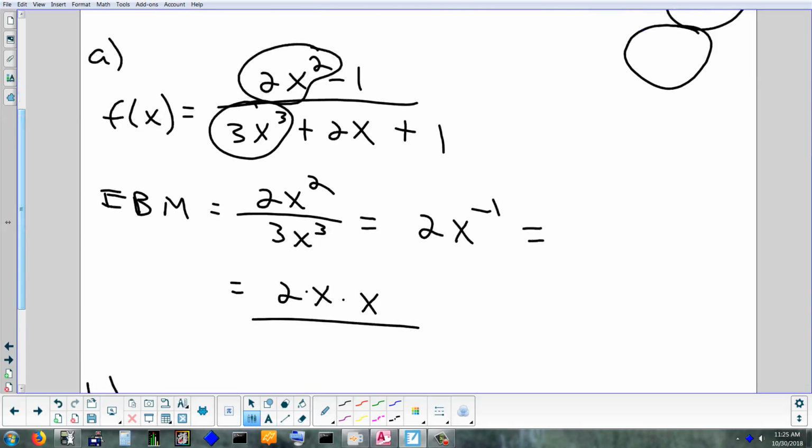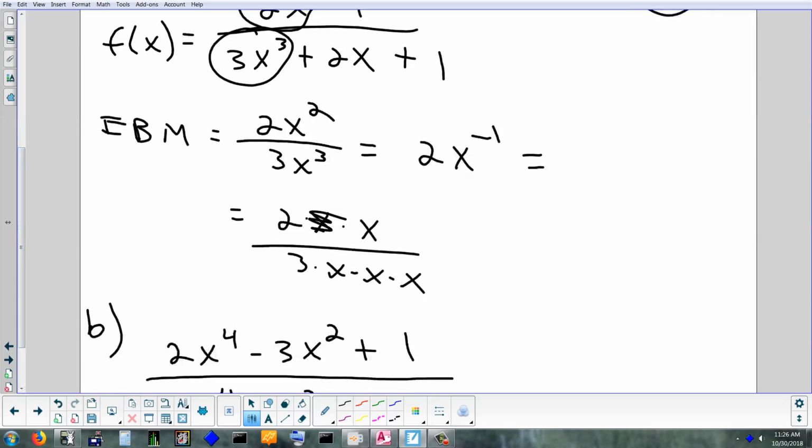It's 2 times x over 3 times x times x times x. How many x's can I cancel out of both the top and the bottom? 2. I can cancel 1 and 1, 2 and 2.